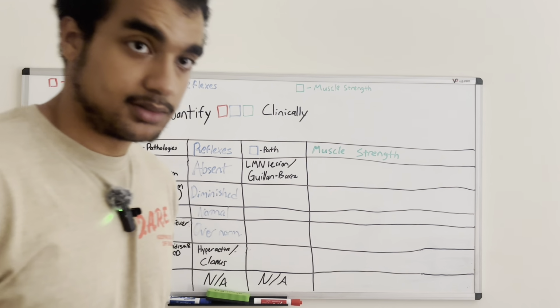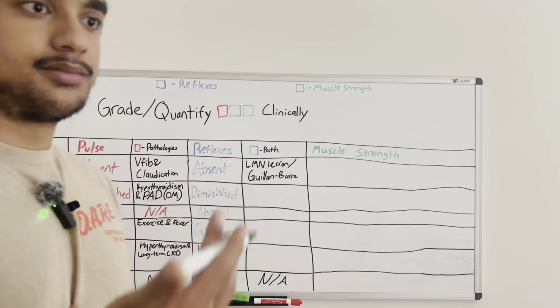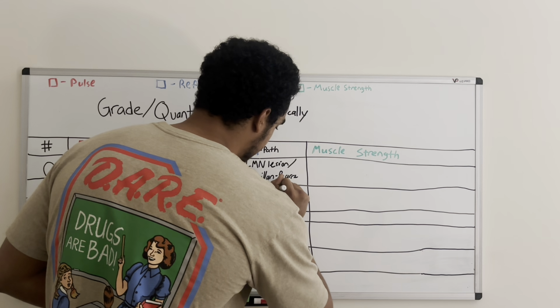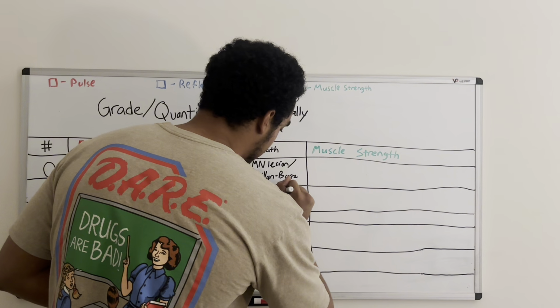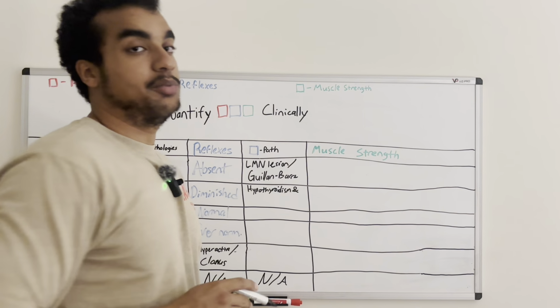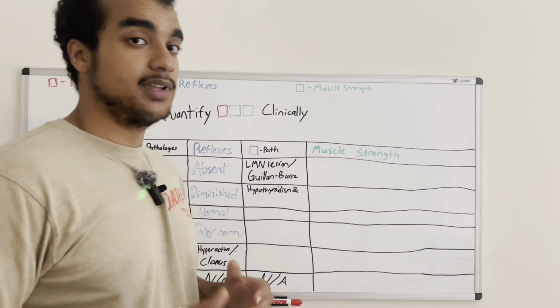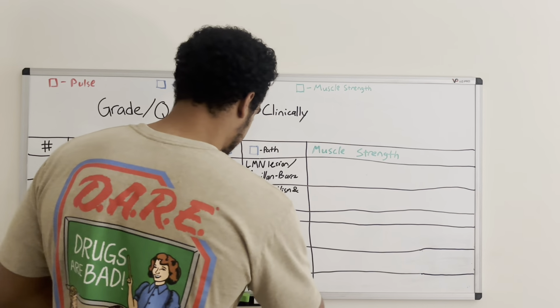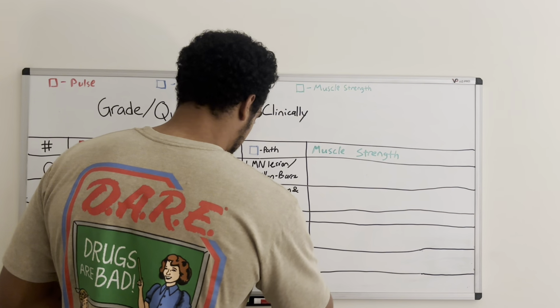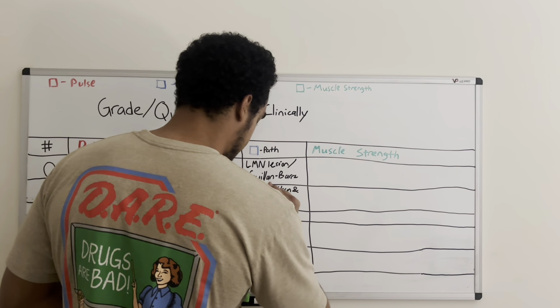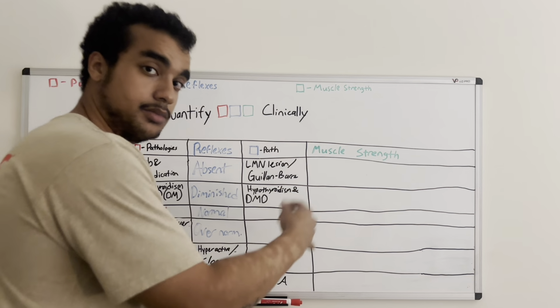Diminished reflexes, just like pulse, can be due to hypothyroidism. Again, a lower metabolic rate would lead to decreased contractility. Along with hypothyroidism, a diminished reflex would be caused by muscular dystrophy or Duchenne muscular dystrophy. DMD, Duchenne muscular dystrophy.